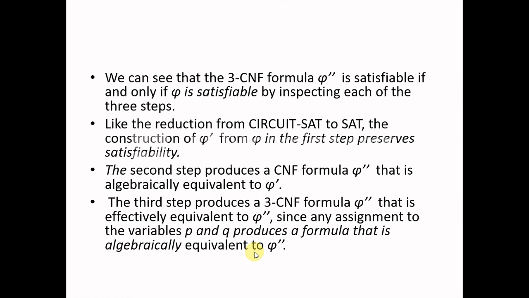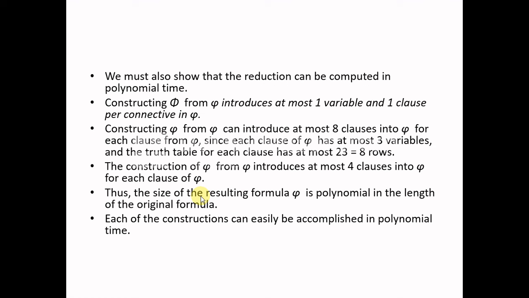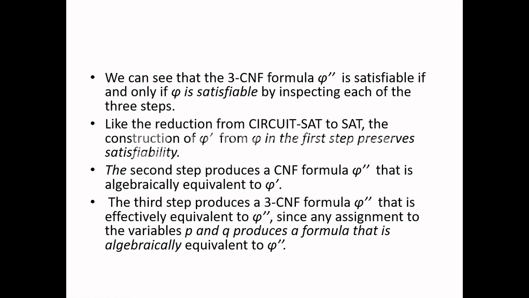Okay, and this is the reduction. For reducing from SAT to 3 CNF SAT, we have a SAT instance, that is a Boolean formula, and we construct a binary tree from it, and we write the Boolean formula from the binary tree. We can call it phi dash.